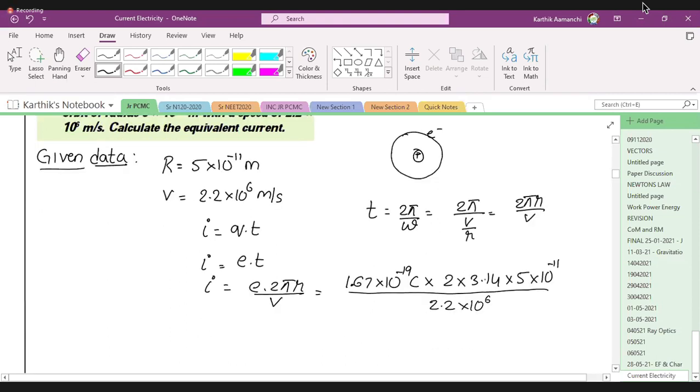So I'll take 22 by 7. 22 by 10 gets cancelled, 10 goes up, 10 squared, 7 is there, 7 1 7, 7 2 is 14. Approximate. How much you got? I got 1.2 into 10 power minus 3. Clear, 1.2. I'll check once again, sir.